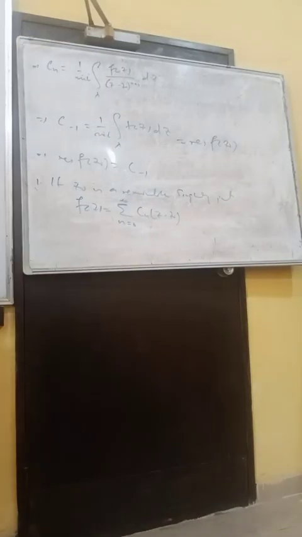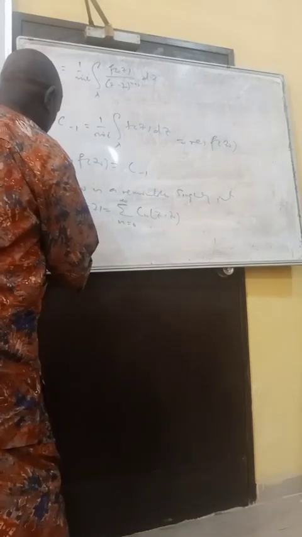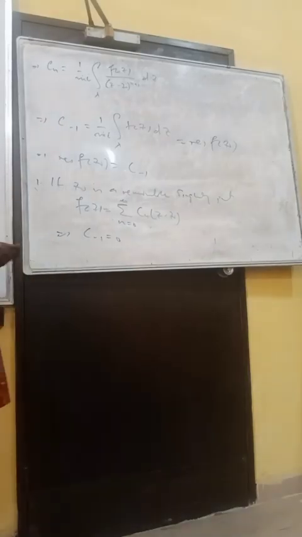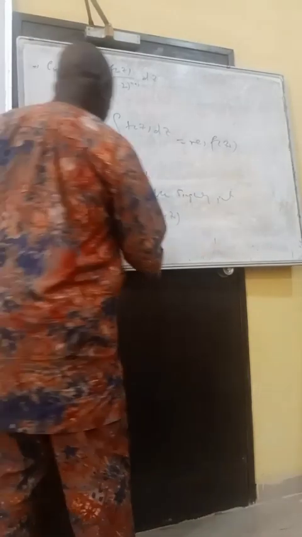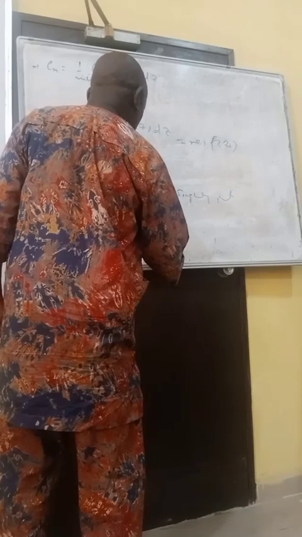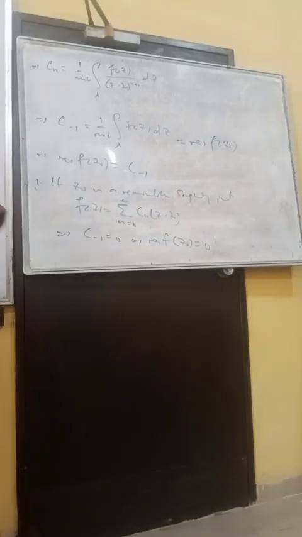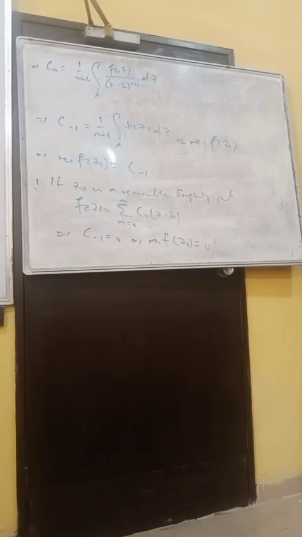And you see that here there is no principal part, which implies that c minus 1 is equal to 0, because there is no principal part. And so it implies that the residue of f at z naught is equal to 0. So if the singularity point is removable, the residue is equal to 0, because there will be no principal part.